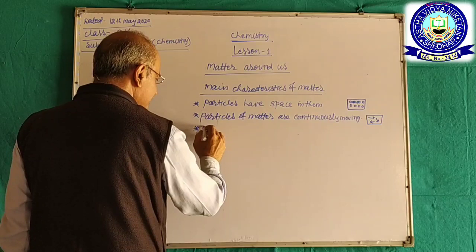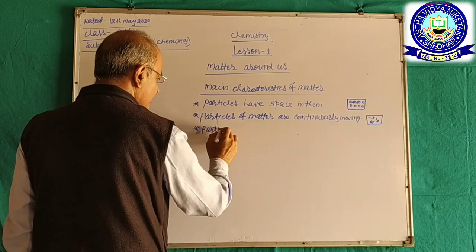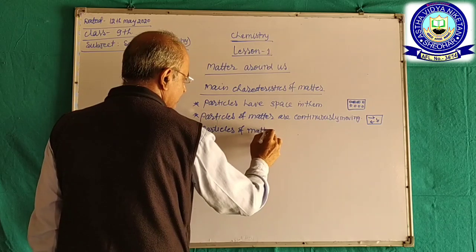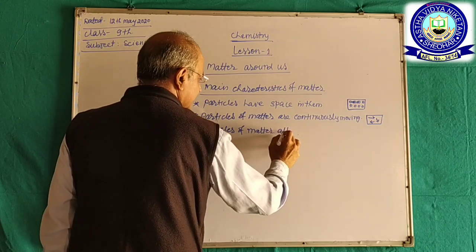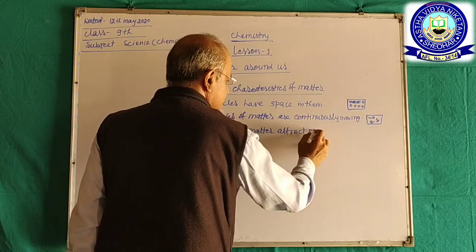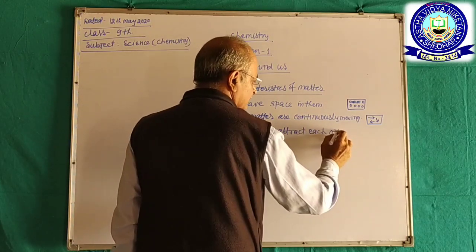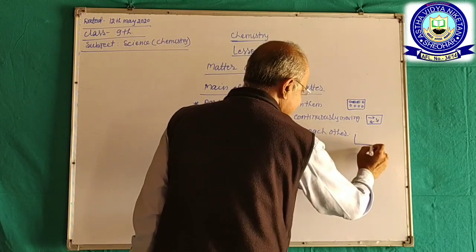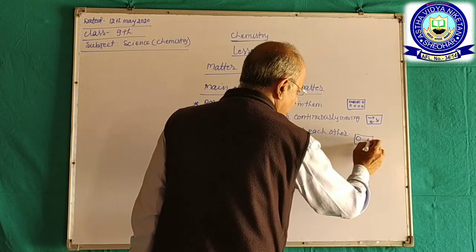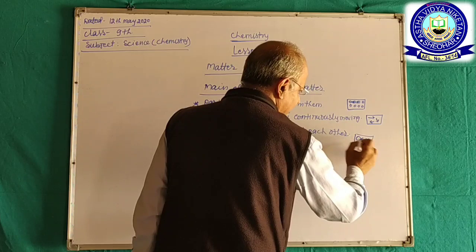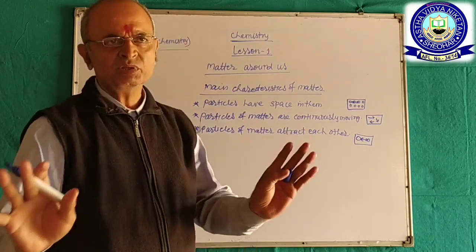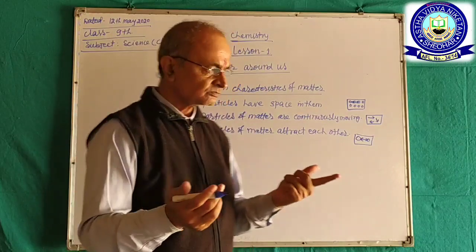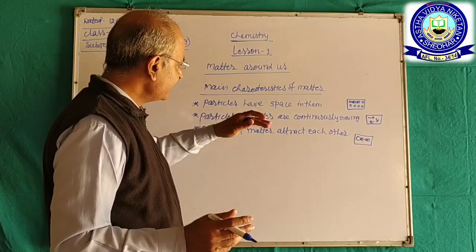And particles of matter attract each other. Means in matter, one particle is either attracting or repelling. It does not mean that, but they are attracting. So we should take care about that.